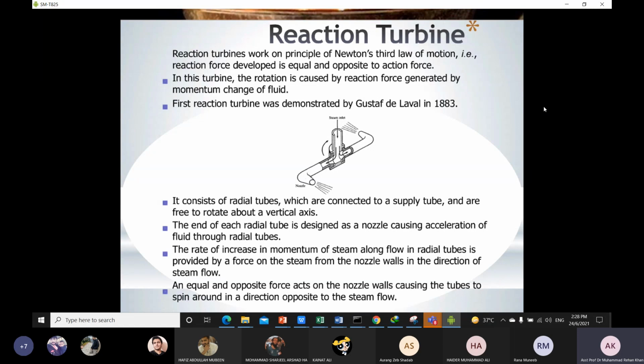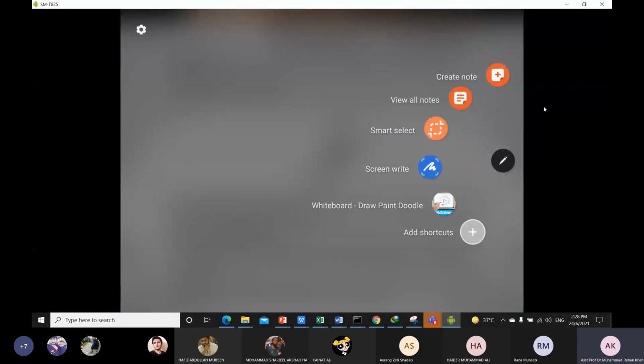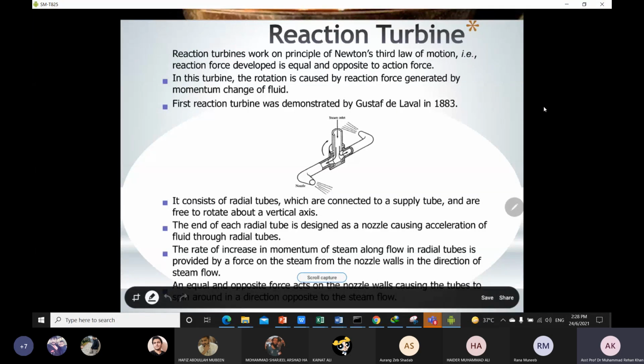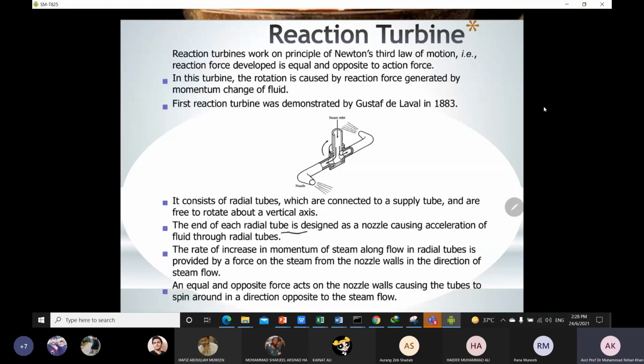In this turbine, the rotation is caused by the reaction force generated by the momentum change of the fluid. The first reaction turbine consists of radial tubes connected to a supply tube and free to rotate about a vertical axis. The end of each radial tube is designed as a nozzle, causing acceleration of fluid through the radial tubes.